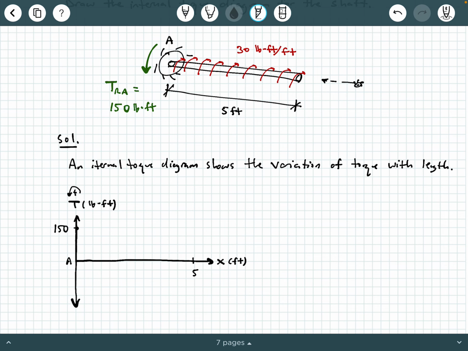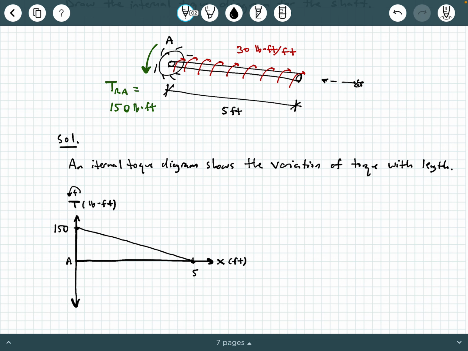Or you can think of it the other way around. The reaction is counteracting the applied torque, all right? But in either case, what that means is this diagram is going to give you a linear decreasing slope that ends at 0, all right?